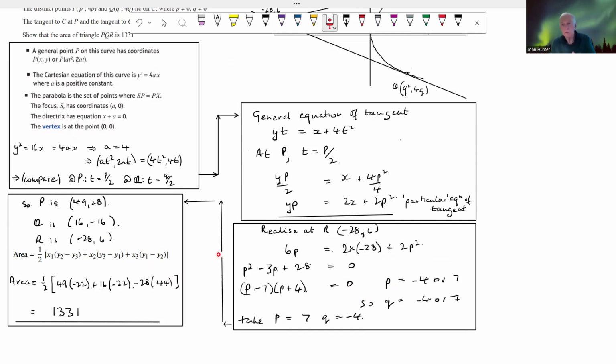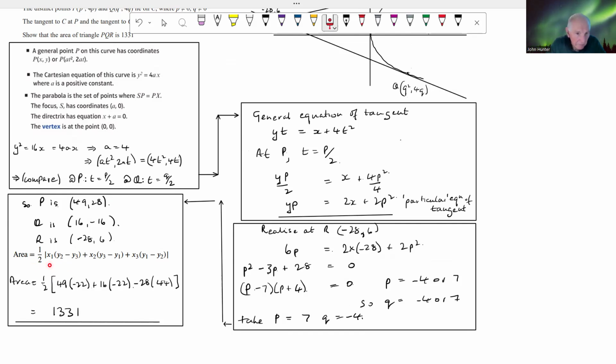So we've got the three points of this triangle PQR. At this point, it's quite useful to be able to use the coordinates form of the area of the triangle, which is here. We may be familiar with it; if not, it's worth remembering.